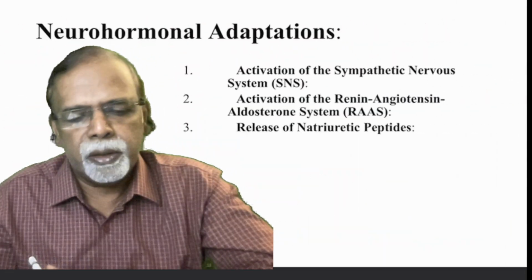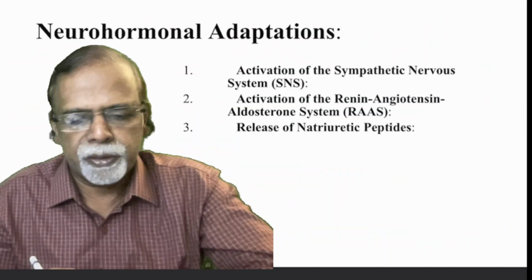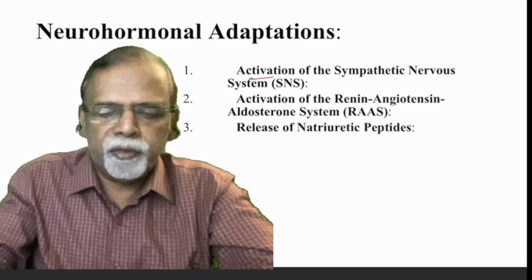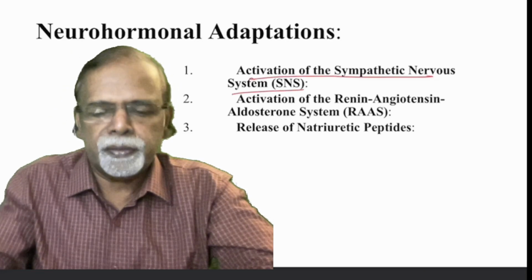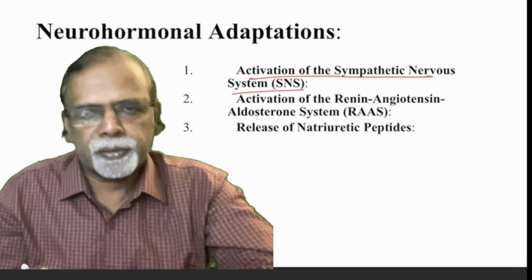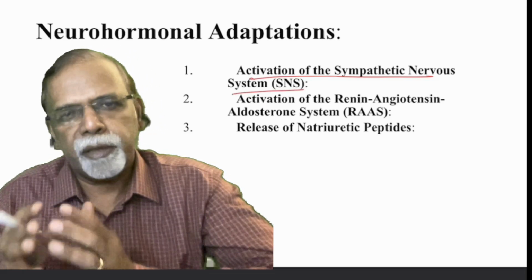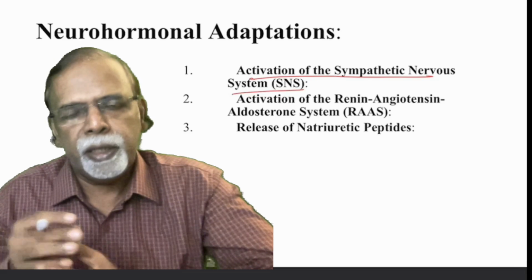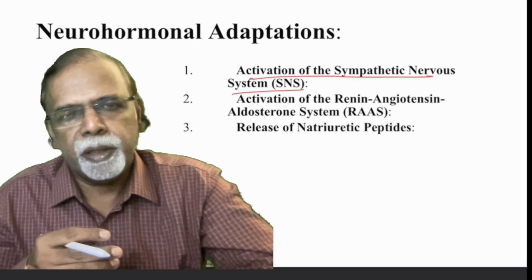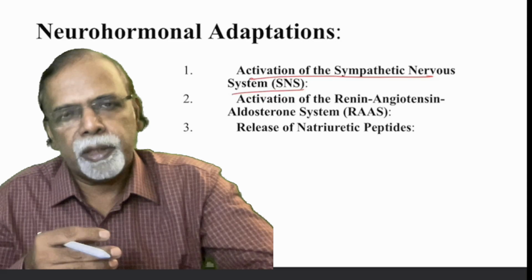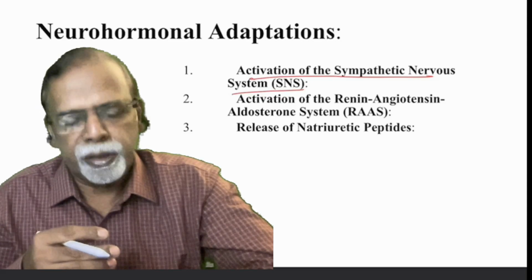Now going to the neurohormonal adaptations. As I had told, activation of the sympathetic nervous system is fundamental. In any patient with heart failure, there is autonomic activation, and that is why the heart rate appears to be increased. Most patients will have an increased heart rate.